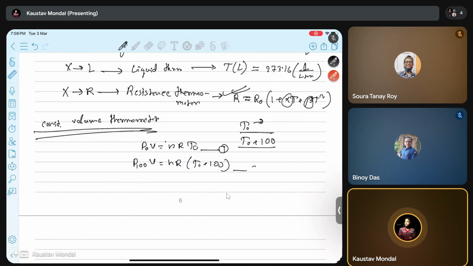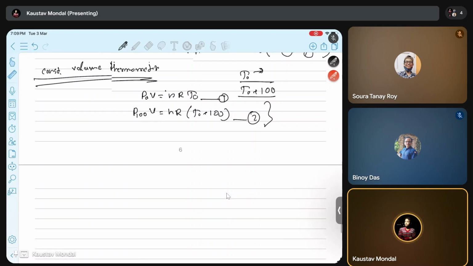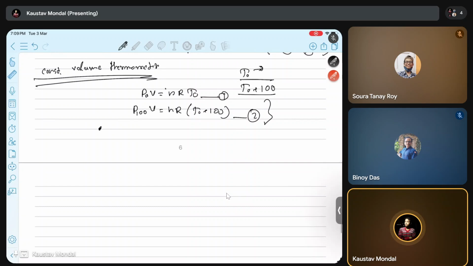Now if you equate these two equations, these two equations are there to calculate the fixed points. Now our interest is to calculate the temperature T, for which we calculate the pressure P at that temperature. For that we will take the ratio with PV = nRT.